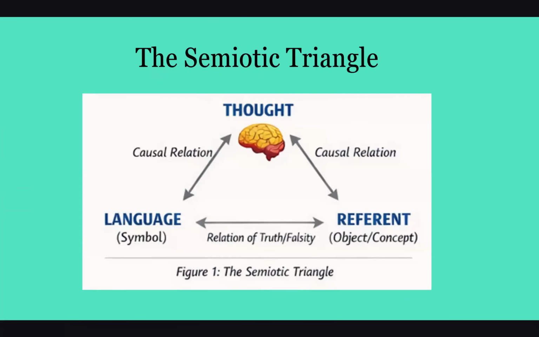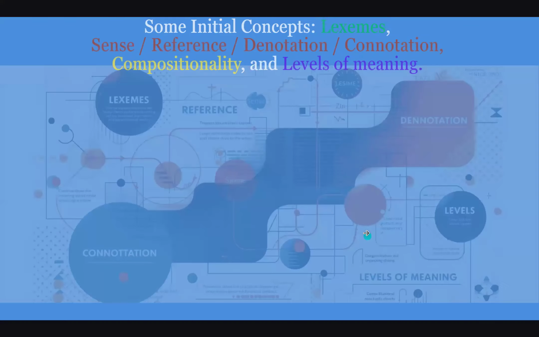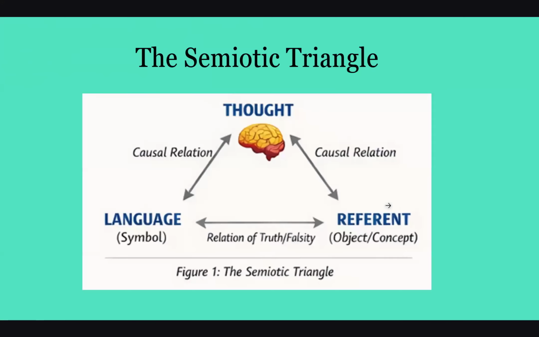The semantic triangle, proposed by Ogden and Richards, explains meaning through three interconnected elements: thought, the mind; symbol, language; and referent, a word, object or concept.